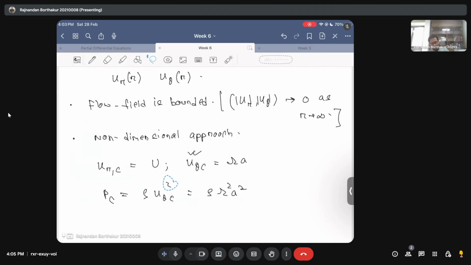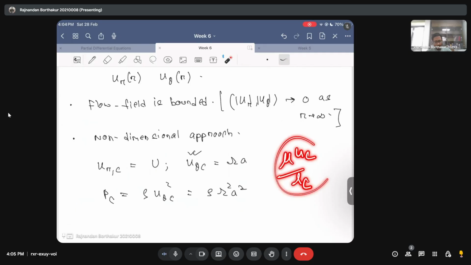Remember, I actually asked you to derive the scales for pressure. You can see that pressure can scale as inertia, or it can scale as viscous. If pressure scales as inertia, it scales as rho uc squared, where uc is the characteristic scale for velocity. If pressure scales as viscosity, you will see that pressure scales as mu uc by lc.